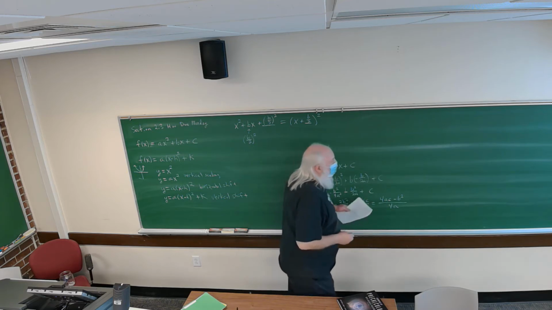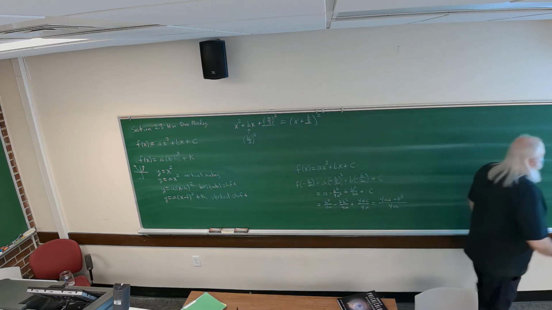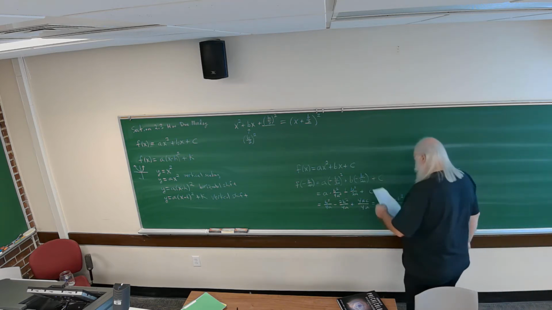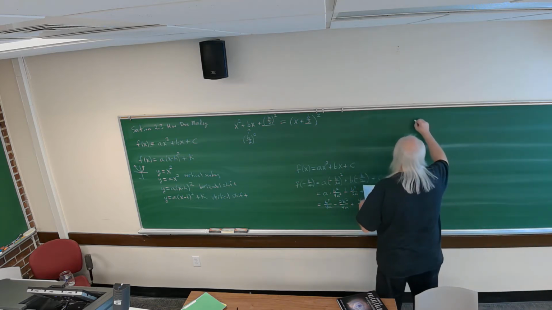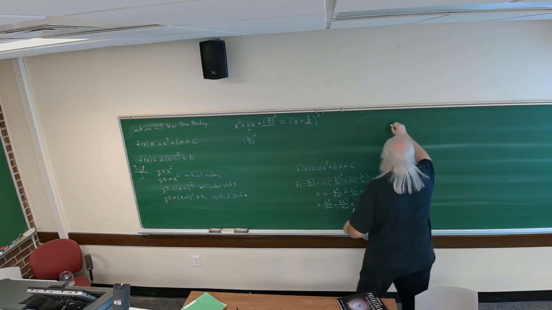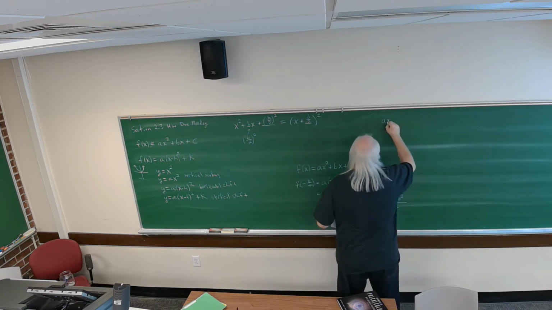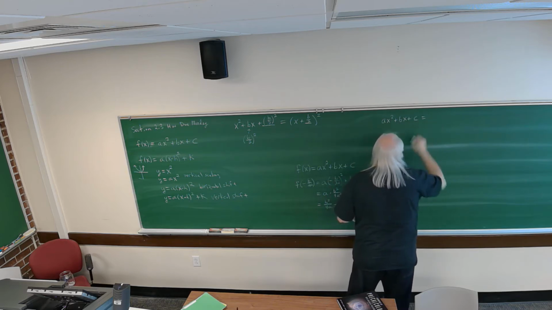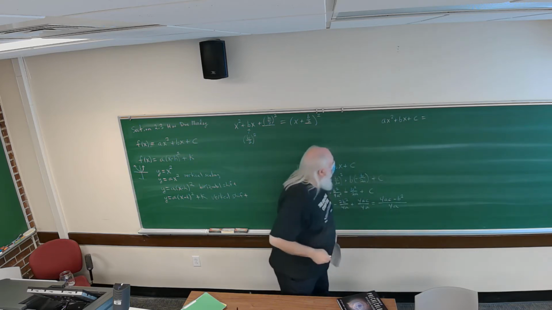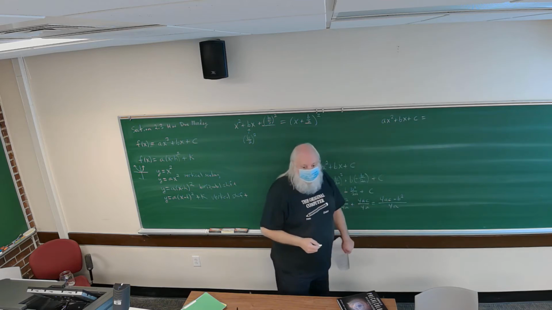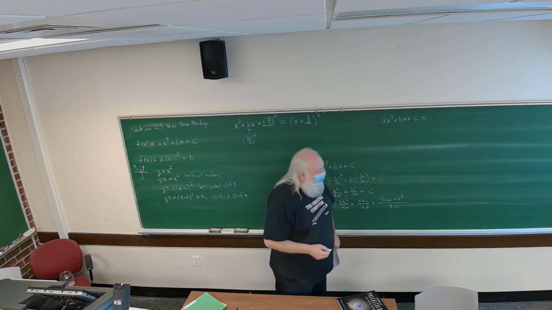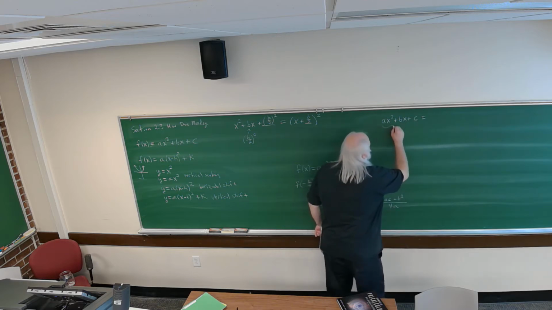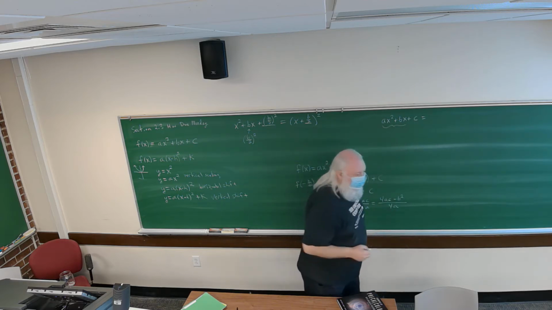All right. So where it says in general, we have ax squared plus bx plus c. We're going to show you how to complete the square on that. The first thing we're going to do is factor out an a in the first two terms.